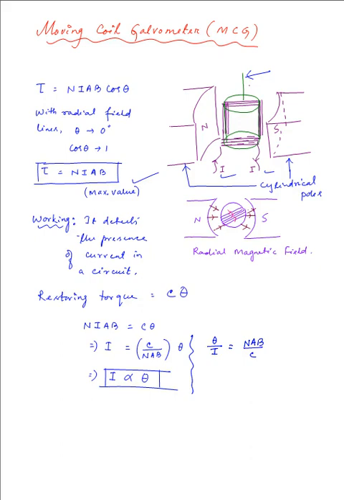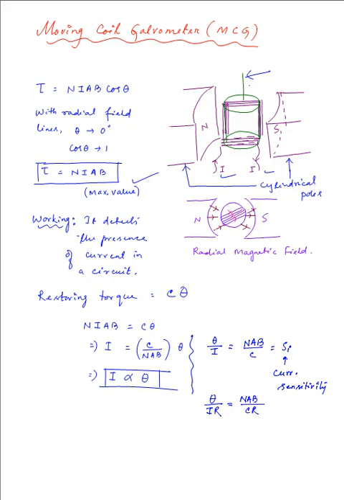usually represented as SI, which gives the sensitivity. How sensitive is the device to detect the presence of current? And conversely, if we are dealing with voltage, the minimum amount of voltage, then we must multiply a resistance term in the denominator, and then we have the resistance of the wire, of course.